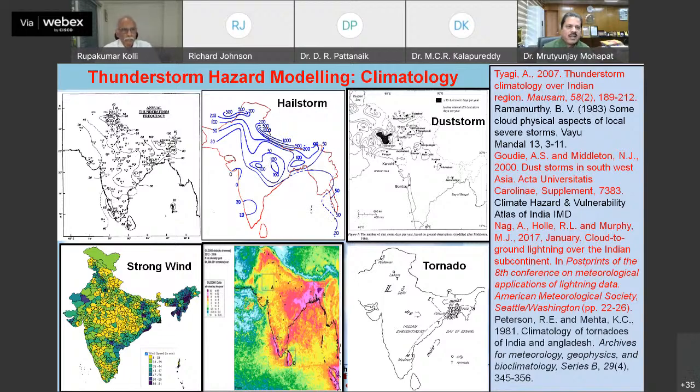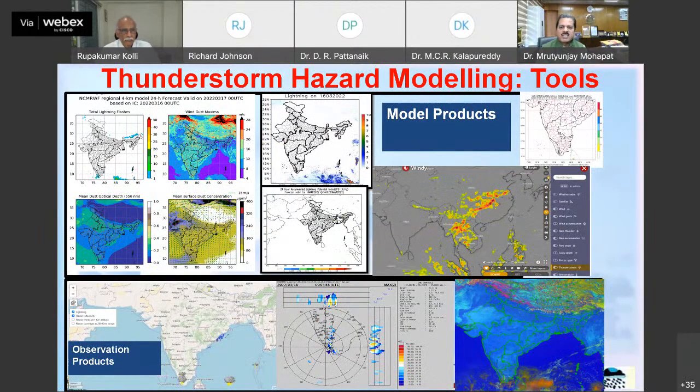That is also mapped. And this is just an example of how the hazard modeling has been done for thunderstorms with respect to dynamical models and also observational data sets from satellites and radars.